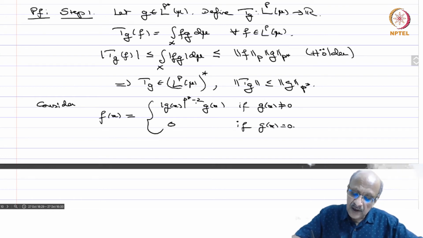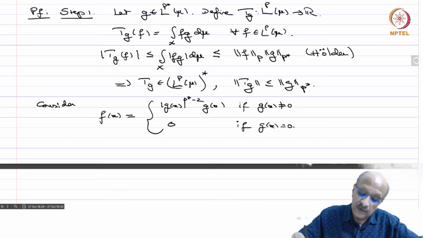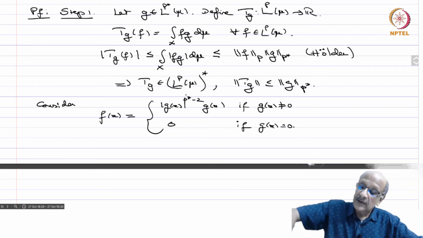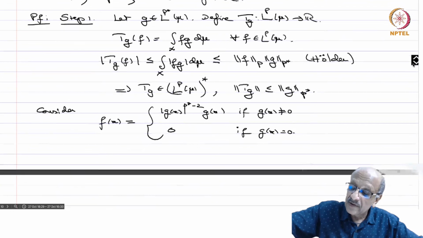See, if p star is less than 2, then p star minus 2 is negative, so g(x) will go to the denominator, so you will have trouble if g(x) is 0. So we avoid that, and put it as 0 if g(x) equals 0. Essentially you can still say it is this, only |g(x)| to the p star minus 2 is not defined if g(x) equals 0.